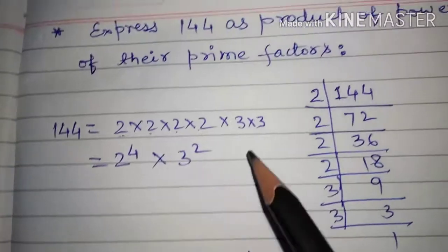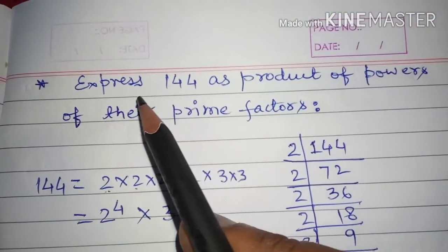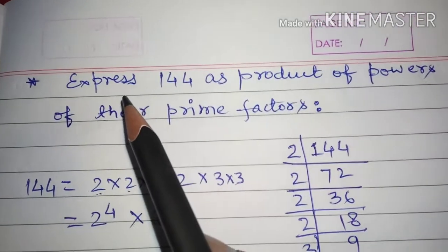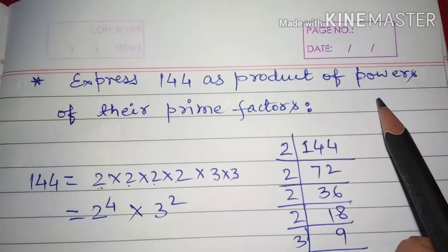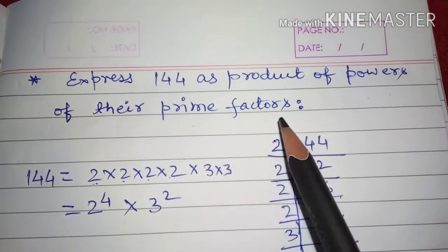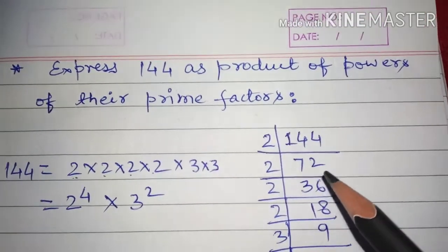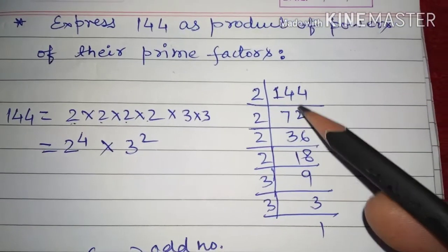Let us take another sum, that is, express 144 as a product of powers of its prime factors. For this again we are going to do prime factorization of the number 144.